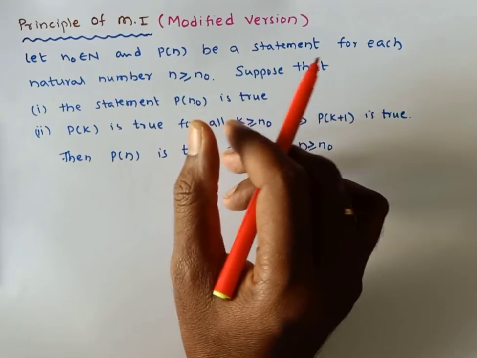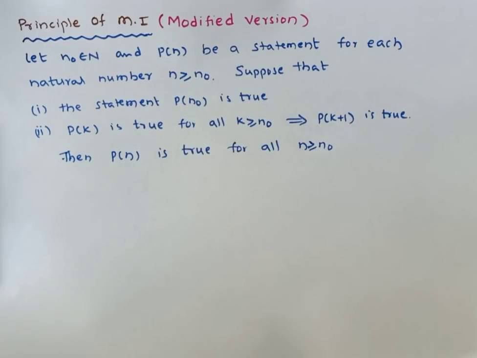So suppose the given statement is P of n. So put n equals to 1, the statement is maybe wrong. If it is wrong, then we shall go with 2, right? And n equals to 2 also does not satisfy the given statement, then go with n equals to 3. If the statement is true for n equal to 3, then proceed with the process.